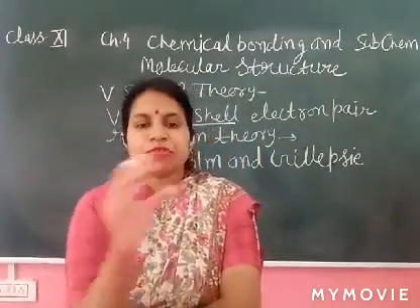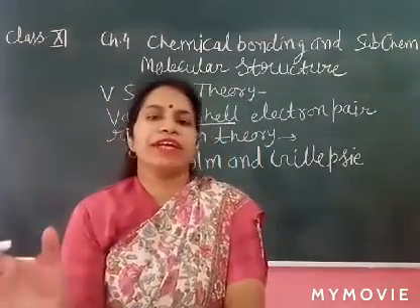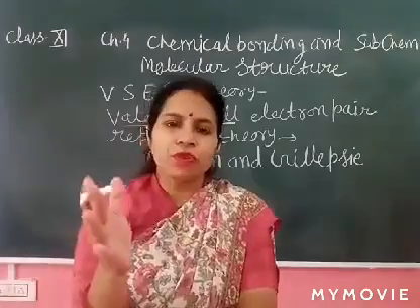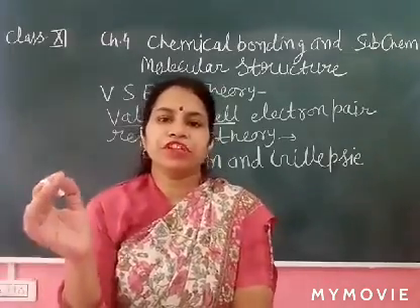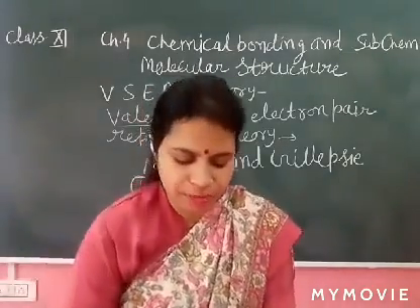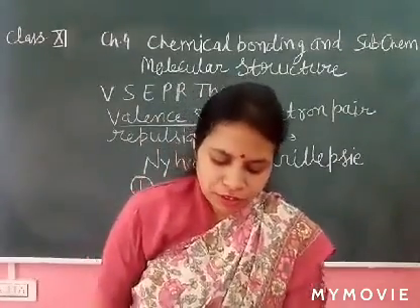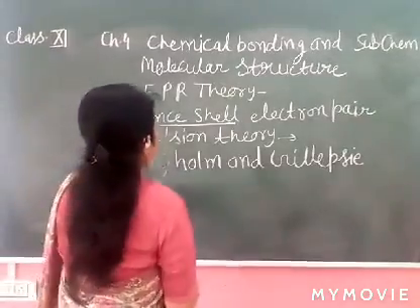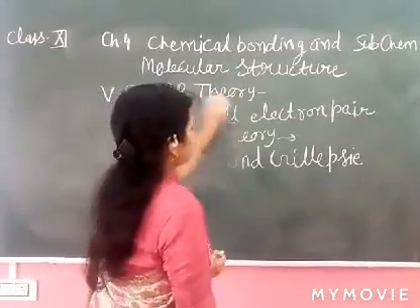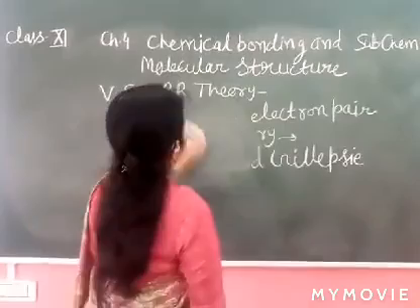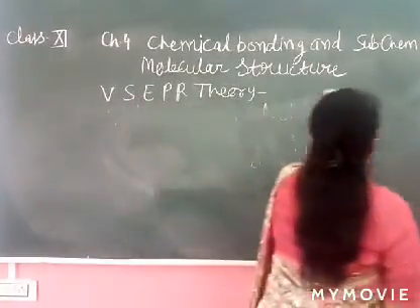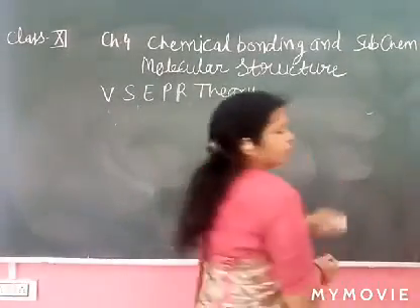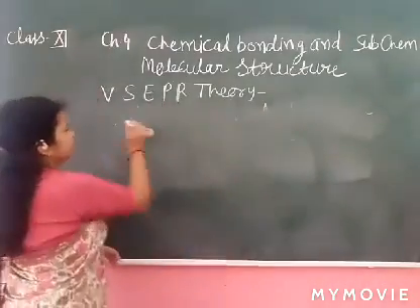If all electrons are bonded, there is no lone pair. It means this structure is symmetric. So the first point is when all electrons on the central atom are bonded.